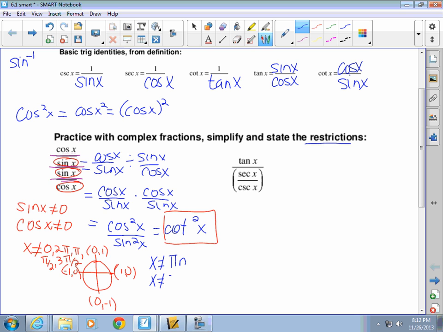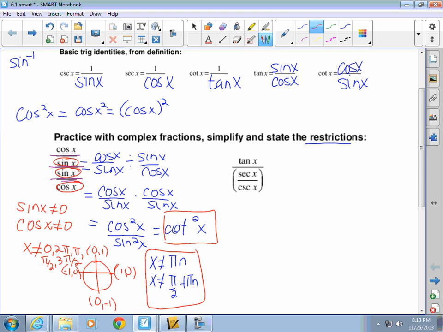So this would be pi over 2 plus pi n. So every 90 degrees plus a 180 turn, or a pi turn. So then those are our restrictions in general form.